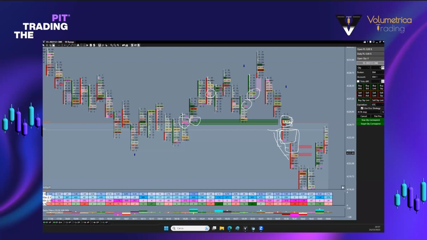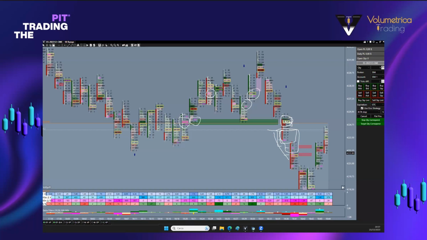It is able to move price with very little effort. Well, sorry, with a very low effort, because there is no counter liquidity.